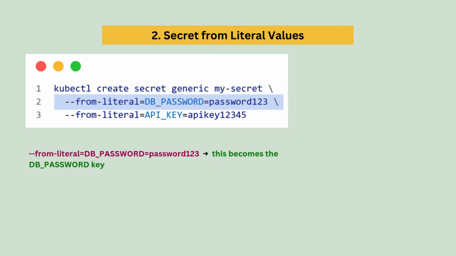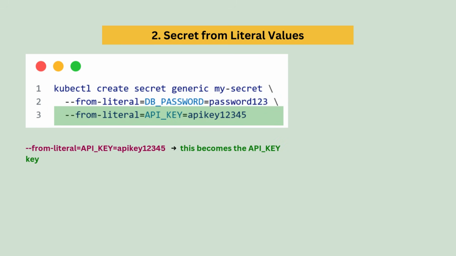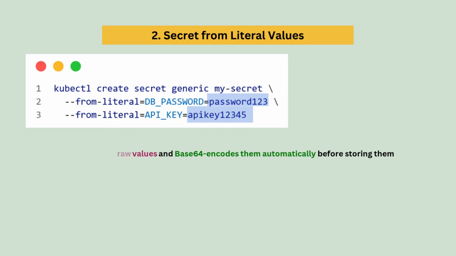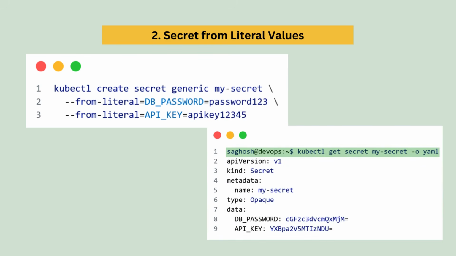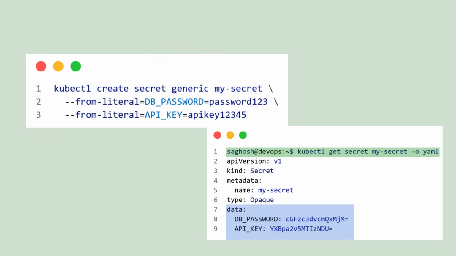And this part, --from-literal DB password and then your password, this becomes the DB password key. And this part, --from-literal API key and then the API key, this becomes the API key's key. Kubernetes takes these raw values and base64 encodes them automatically before storing them. If you check the final YAML with this command, you will see encoded values under the data section.